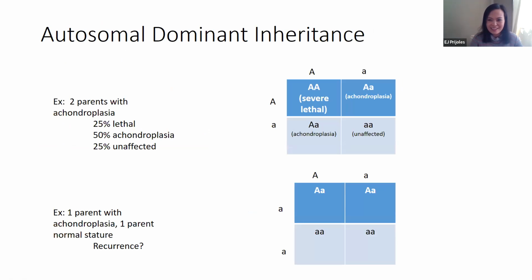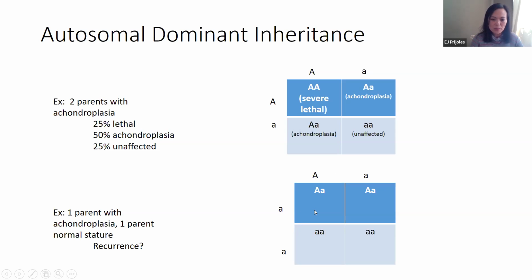And so I just wanted to put out these Punnett squares to remind you of inheritance patterns. So you might see this where one parent has achondroplasia, and that's designated by the big A and the little a, and then one parent may have normal stature designated by little a.